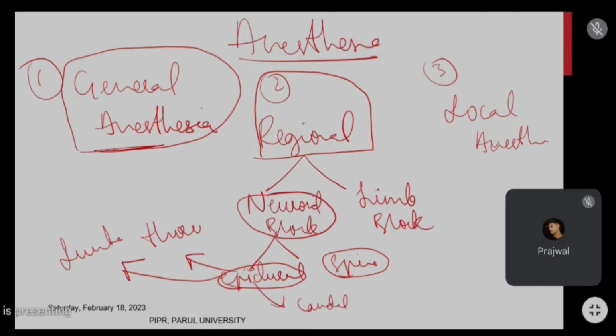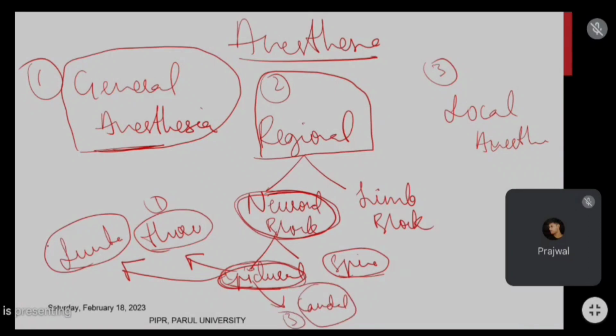These are the three types of neuronal epidural block. And in spinal block, the drugs are given directly in the spinal cord. And in limb block we have two more types.